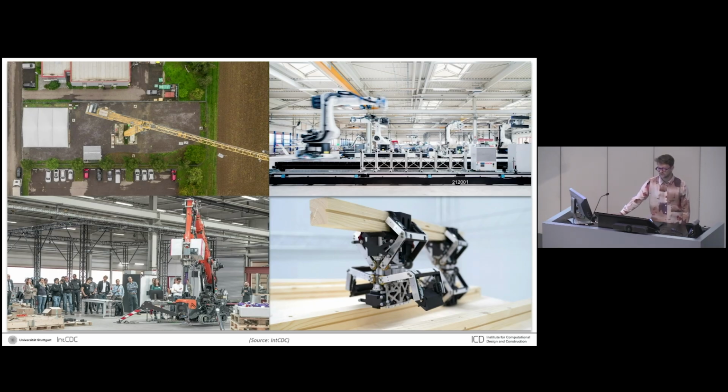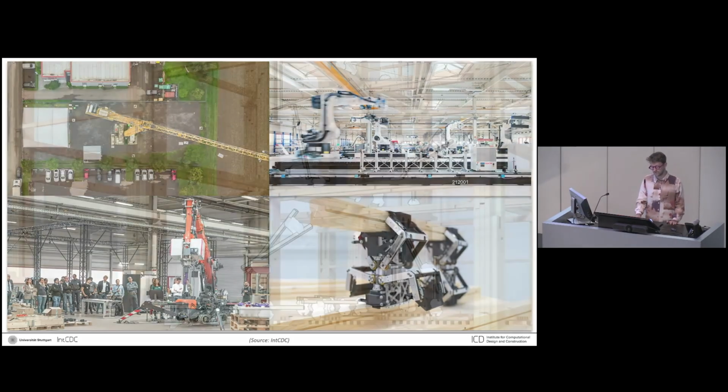Some of these approaches, like the ones you see here, are already quite advanced and slowly being integrated into practice, leading to higher levels of productivity. But collective robotic construction still needs further research in order to continue to be proven viable. And this I hope to be chipping away at with my research.